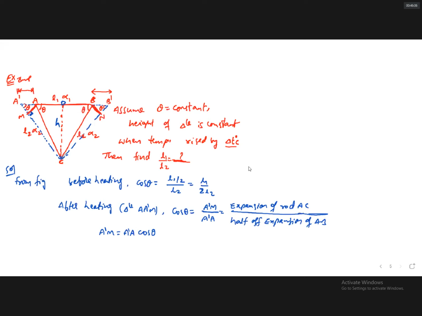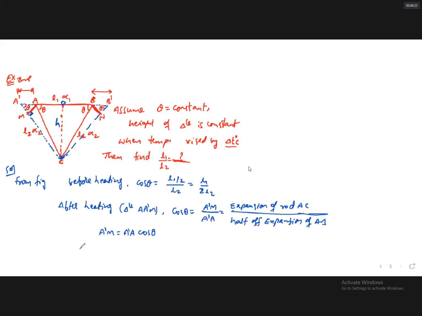Assume it is riveted here. There is no free expansion at C. They are riveted, so this point is not moving, because the altitude is constant; the height of the triangle won't change. Therefore, A dash M is equal to A dash A into cos theta.